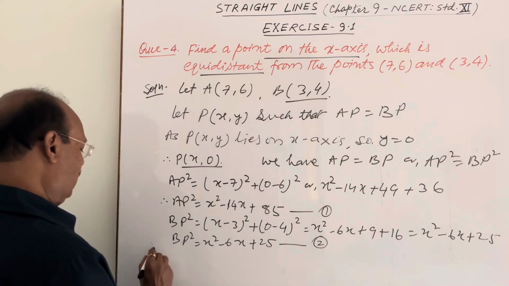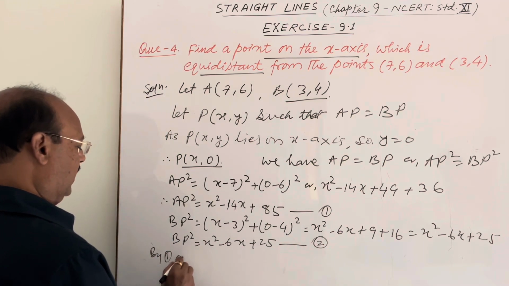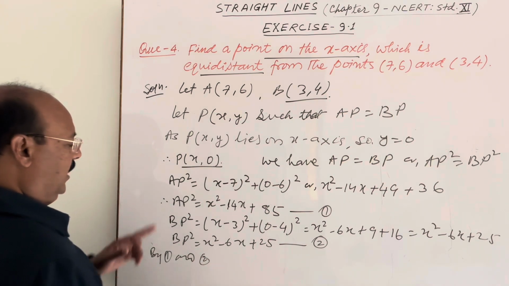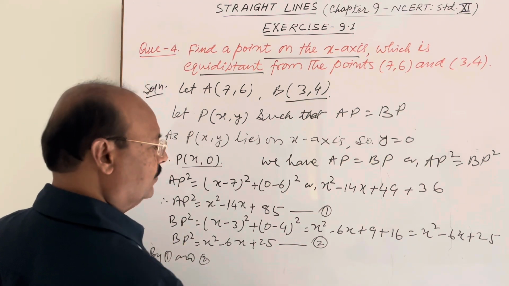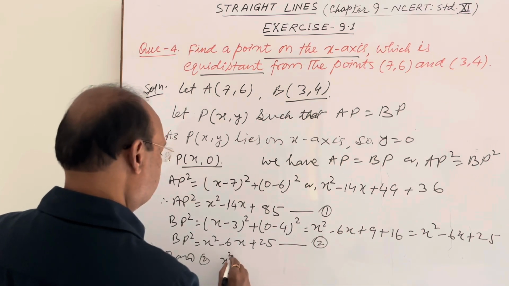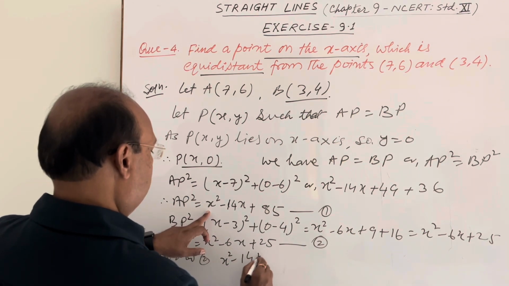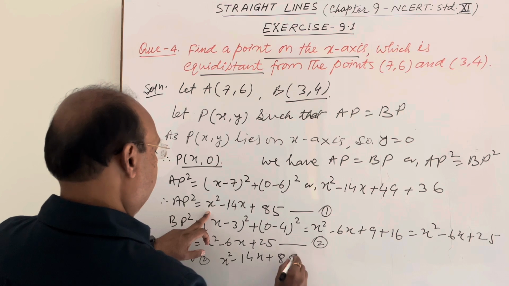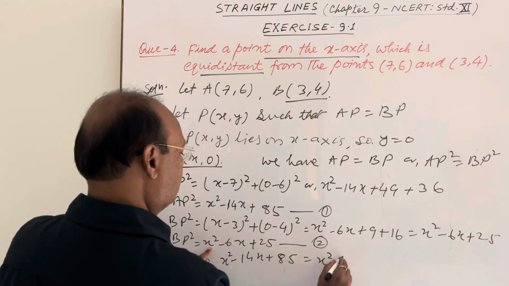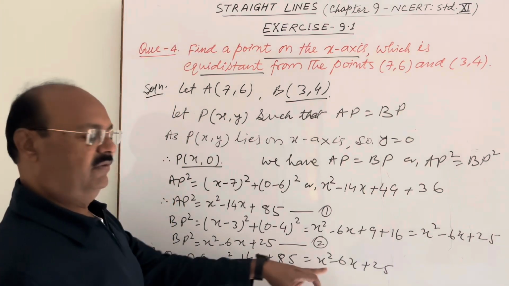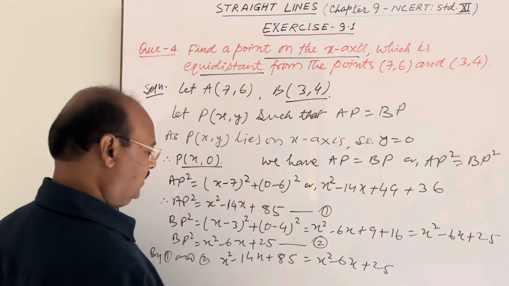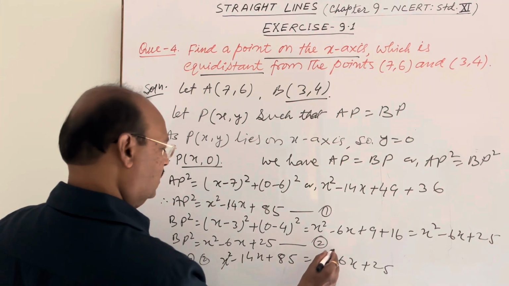So by relation number 1 and 2, we can write AP square is equal to BP square. So x square minus 14x plus 85 is equal to x square minus 6x plus 25. After solving this equation, we will get the value of x. X square will cancel out.